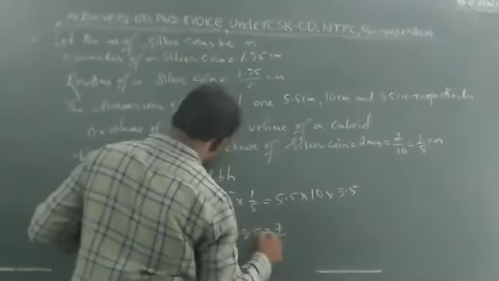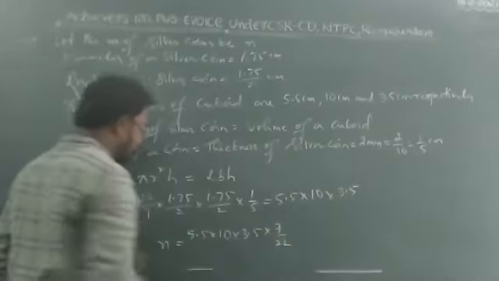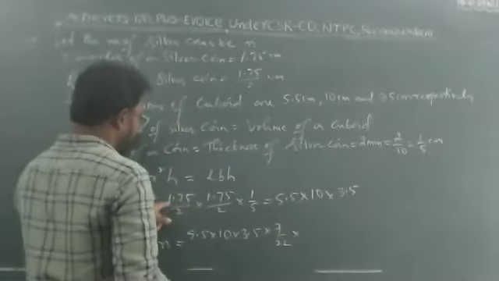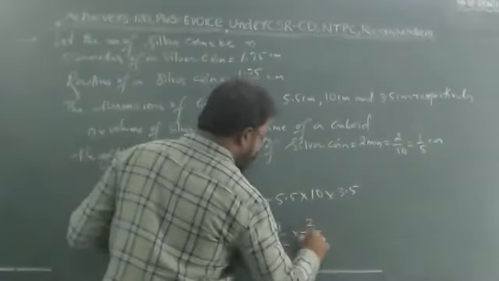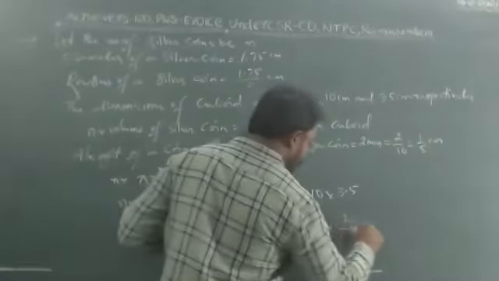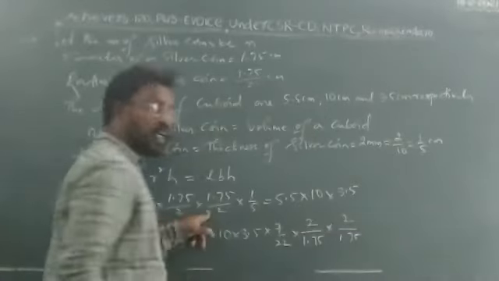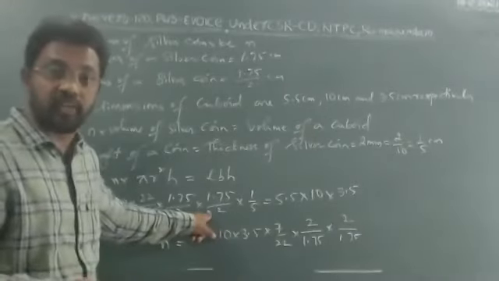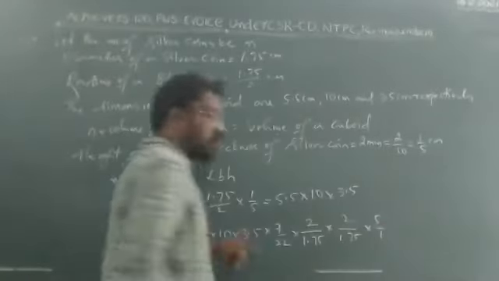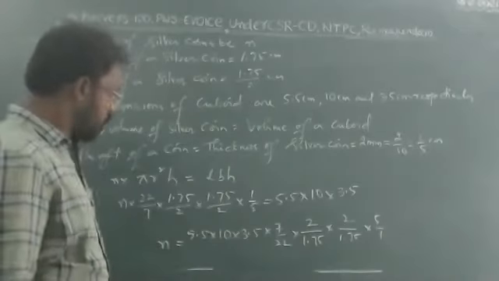Then it becomes 7 by 22 into 2 by 1.75 into again 2 by 1.75. Sending from one side to the other side, it goes to its multiplicative inverse, and 1 by 5 becomes 5 by 1.